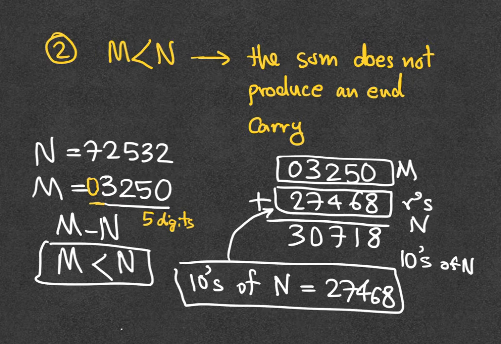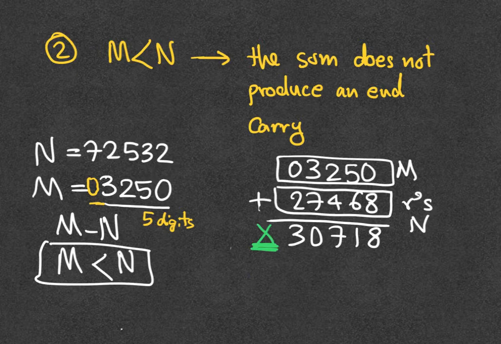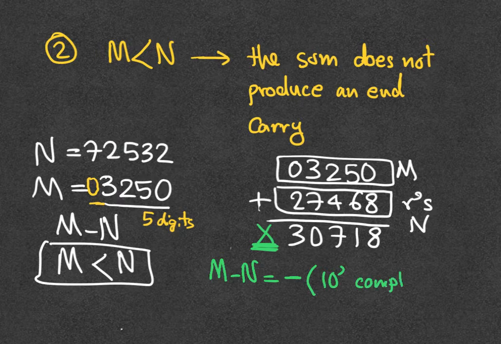Since this one doesn't have any carry, to get the answer you just find the tens complement. So the answer of m minus n is going to be minus the tens complement of the sum, which your sum is here.